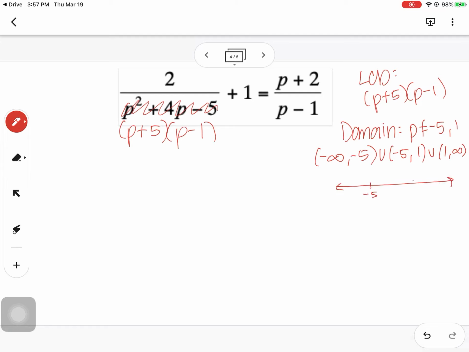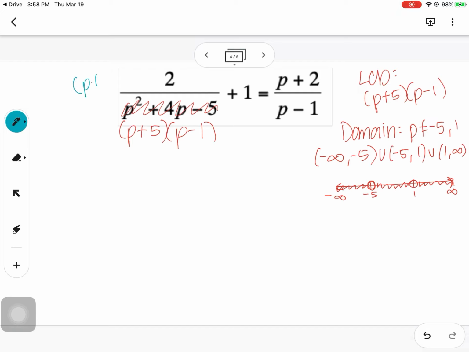Again, when I did the overview video, I drew it on a number line for you to help out, if that helps. You know it can't be -5, you know it can't be 1, but it can be everything to the left. So that's negative infinity to -5. It's going to be everything in the middle, which is the -5 to 1, and everything on the right, so 1 to infinity.